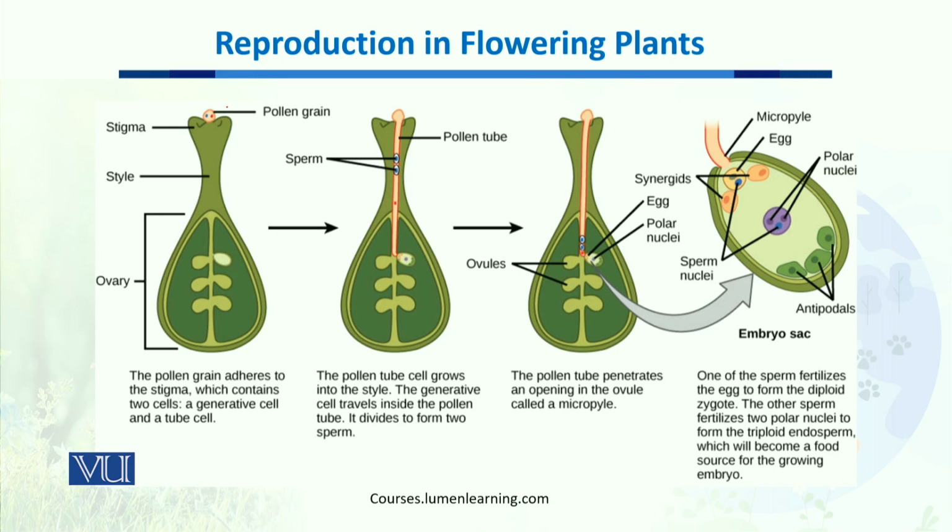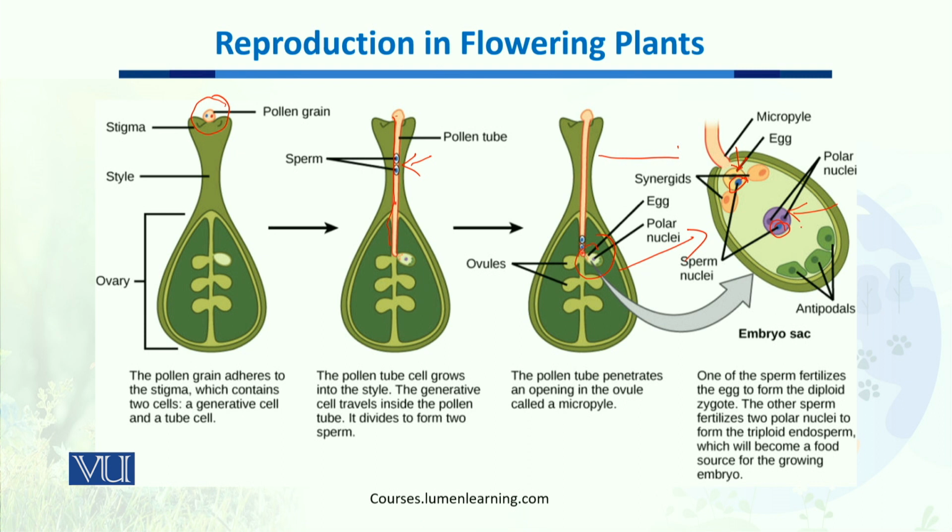As you can see, the pollen grain from the male stamen reaches the female part of the flower, and through the pollen tube, these sperms migrate inside the ovule. Now, you can see this ovule is enlarged here, and one sperm nucleus fuses with the egg, while the other sperm nucleus fuses with the polar nuclei.